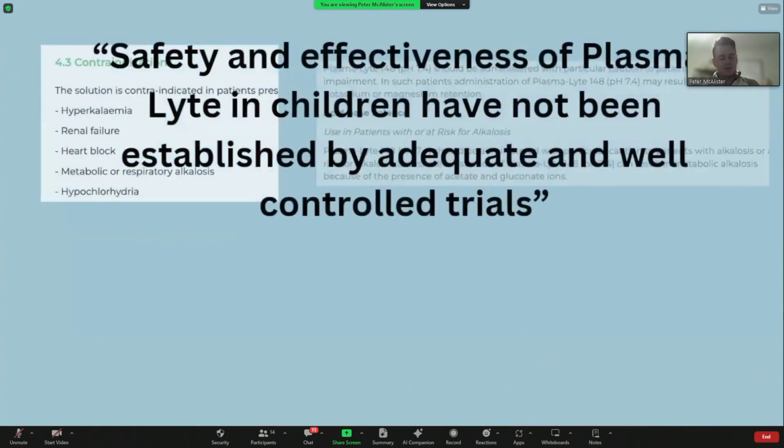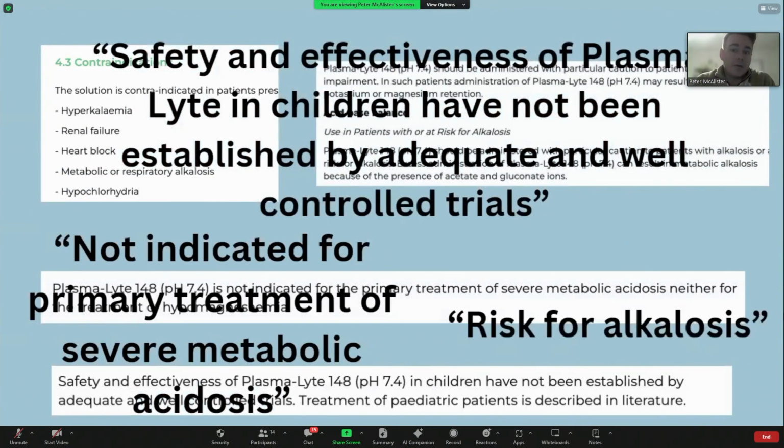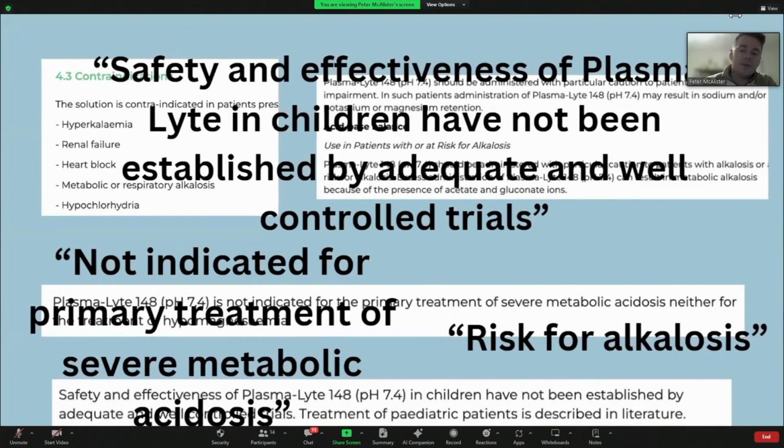And what does the manufacturer say about their own product? The safety and effectiveness of Plasmolite in children has not been well established by adequate and well-controlled trials. There's a risk of side effects, there are numerous contraindications with regards to Plasmolite, and it's not indicated for the primary treatment of severe metabolic acidosis, which is interesting because obviously critically unwell children don't always have a normal pH.